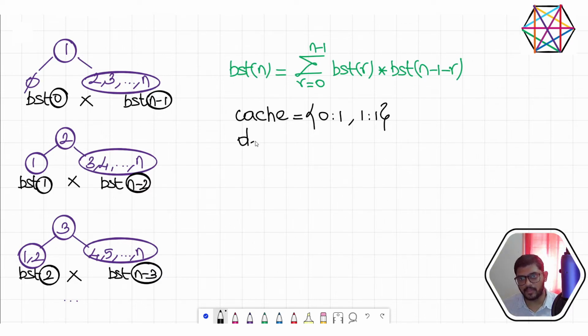Now we are defining a function BST, which is going to give us the number of structurally unique binary search trees for the given integer n. So we are defining BST of n as follows. The first thing that we're going to do is check if the given input n is in cache.